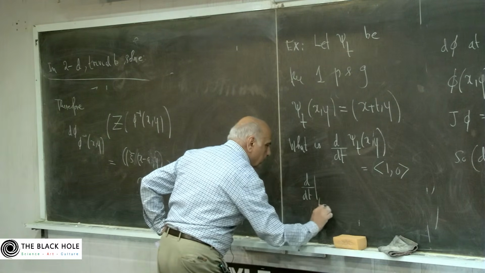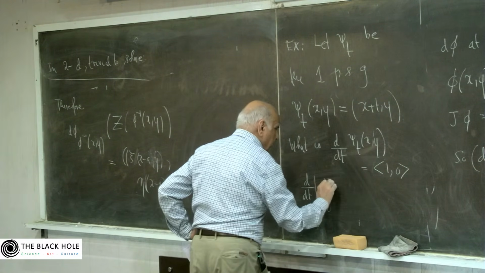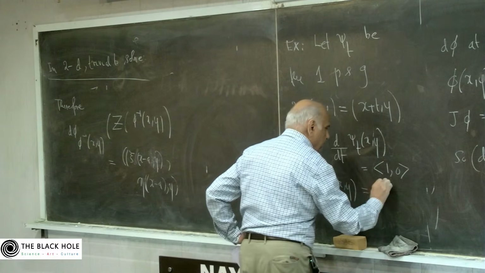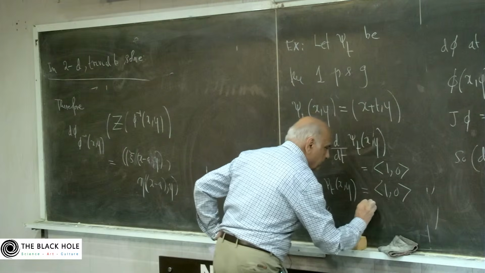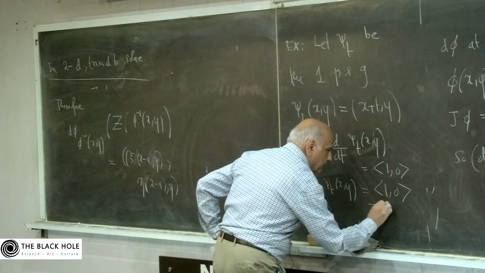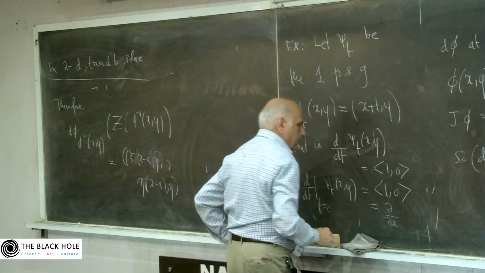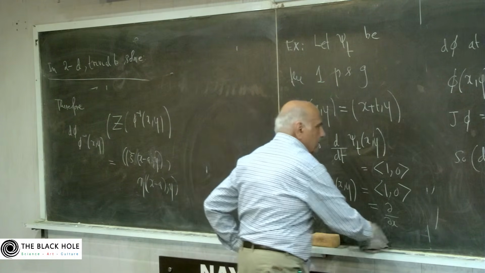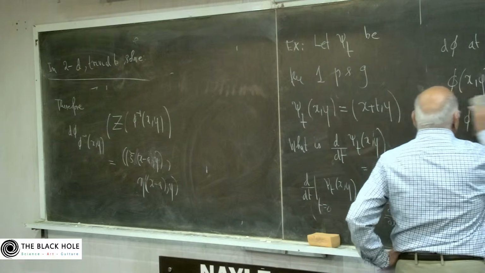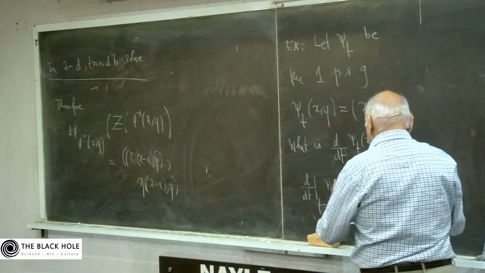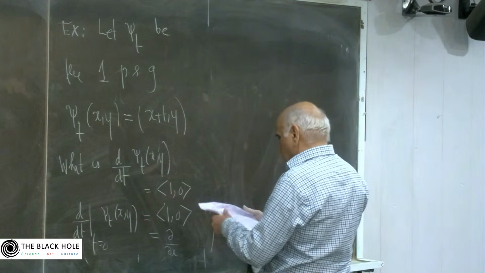So in particular d by dt at t equal to 0 of psi t (x,y) is a constant field, and as a differential operator this is partial by partial x. Okay. And here's a small result.